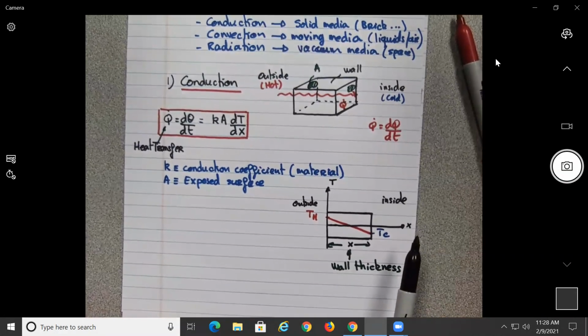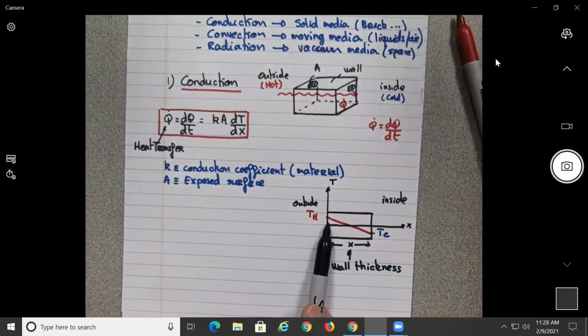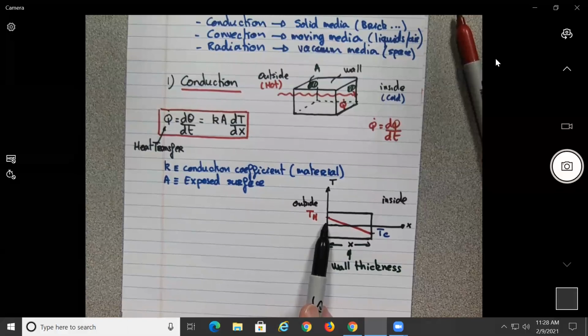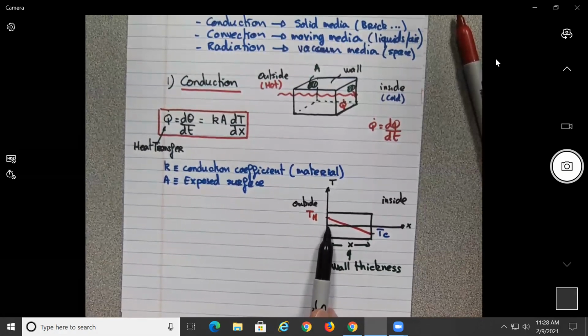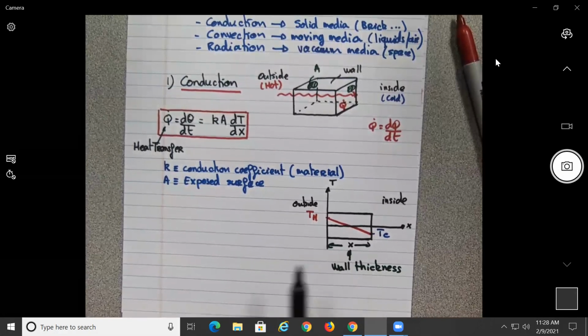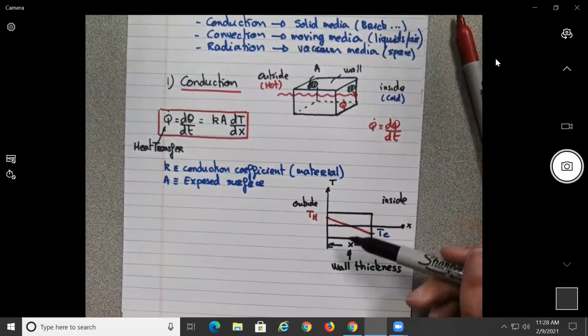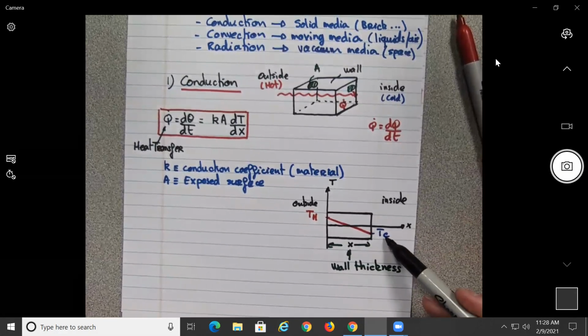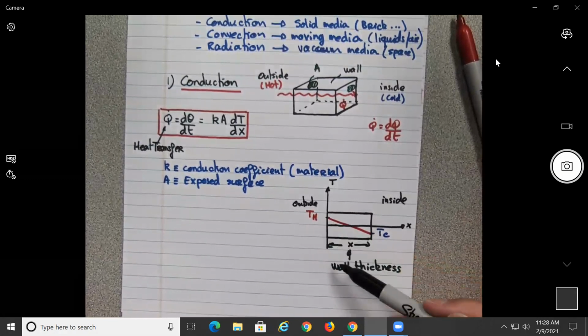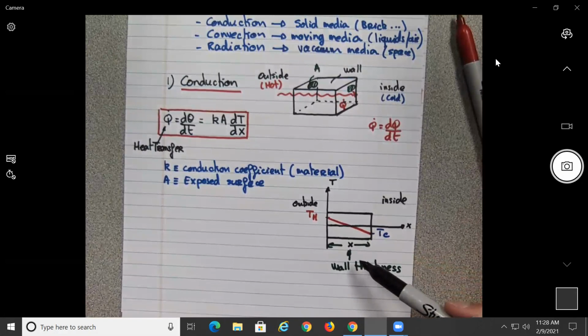All right, so this line over here has a positive or negative slope? Negative slope. What will be the equation of this line? It will be change in height divided by change in length, no? So what will it be? Tc minus Th divided by X. Correct? And this would be negative.